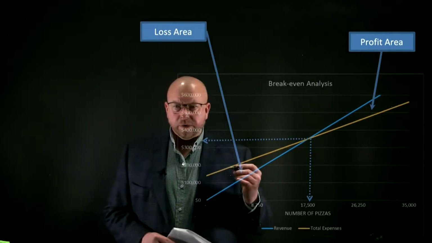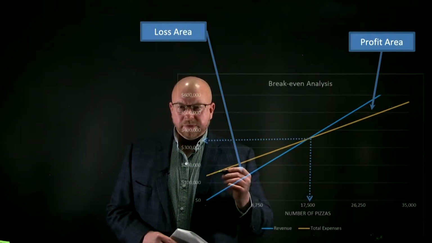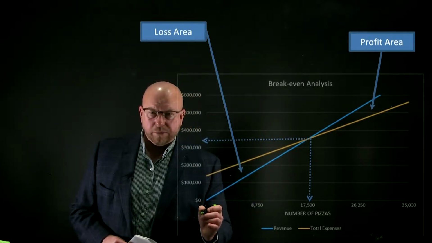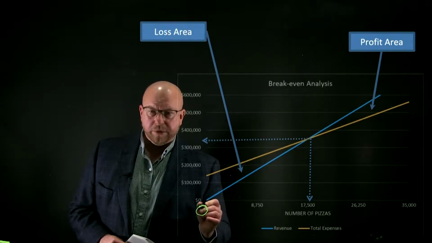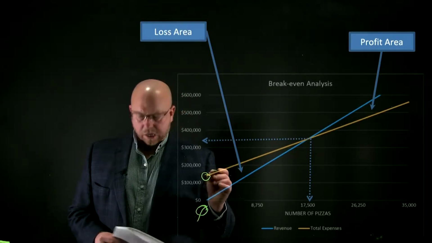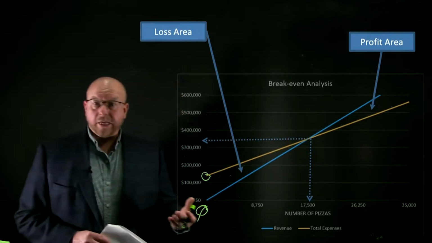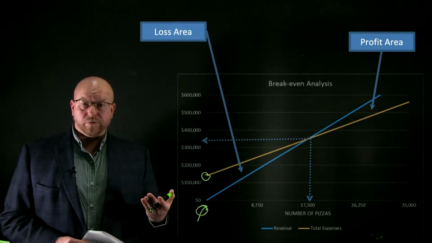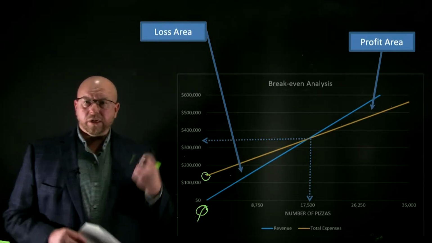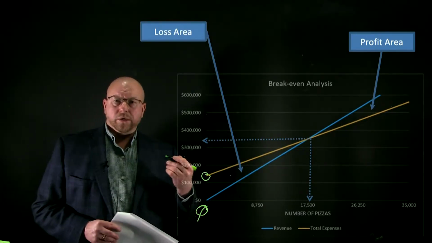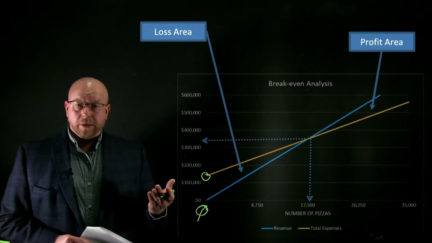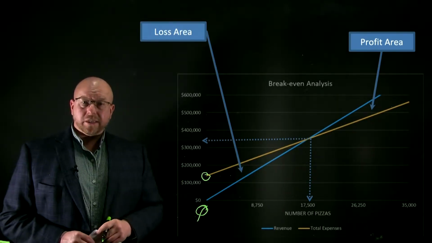What you have here, the yellow line, this is your total cost line. And you'll notice if we sell 0 pizzas, so right here, we're selling no pizzas, big goose egg, our total costs are still $140,000. And that's because our fixed expenses are $140,000. If you don't sell a single pizza, you still have to pay your rent, your insurance premiums, probably a salary to a manager of the store, things like that.